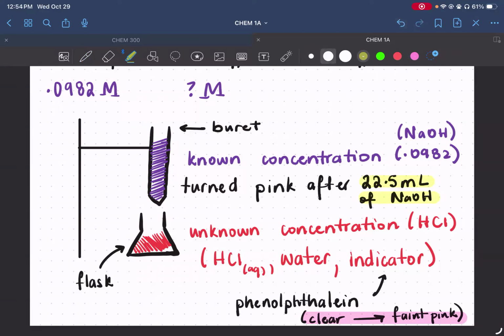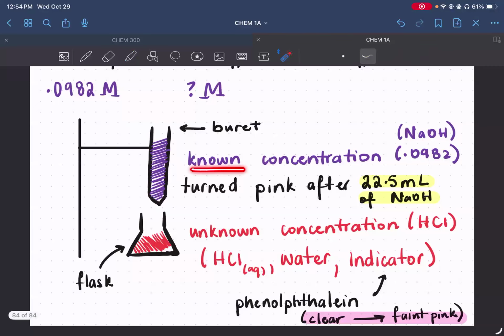All right. Let's try to understand what we've done so far, what we're trying to do here. We are literally forcing a reaction between HCl and sodium hydroxide. But this time, we're more interested in pH, and we want to calculate the concentration.